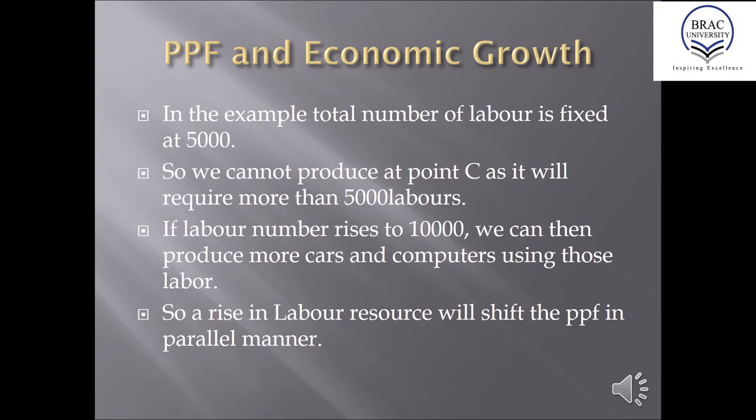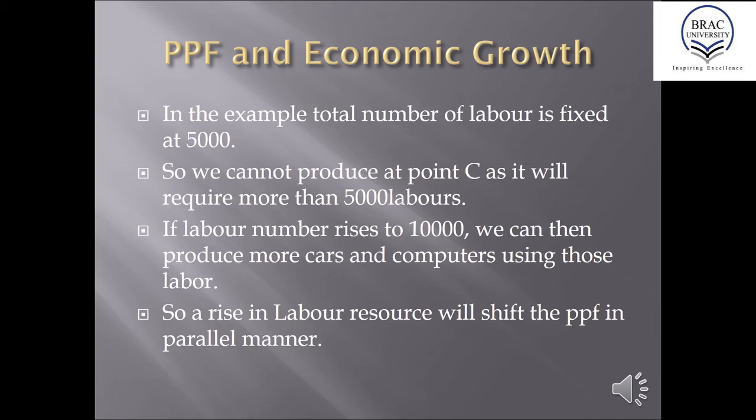So in our example, if you remember, the total number of labor was fixed at 5,000. So we cannot produce at point C as it will require more than 5,000 labor hours. However, if the labor number rises and gets doubled to 10,000 labor hours, in that case we would surely be producing more cars and computers using those laborers.